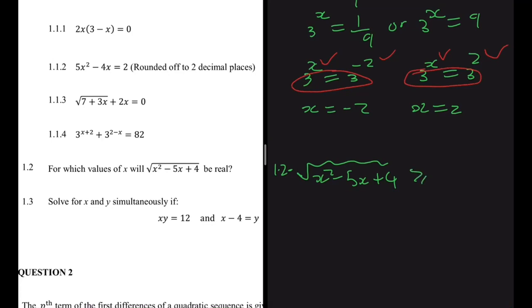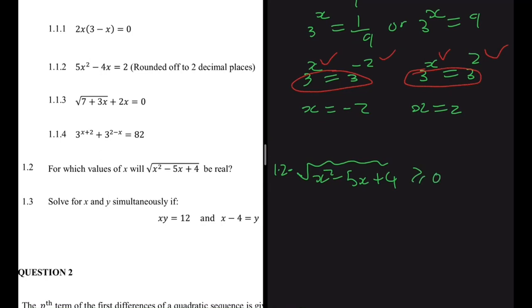If the question was saying for which values of x will that expression be not real, then it will be less than 0. But here it is saying for which values will it be real, so we're saying greater or equal to 0, right? So it should be obvious now how we should move.